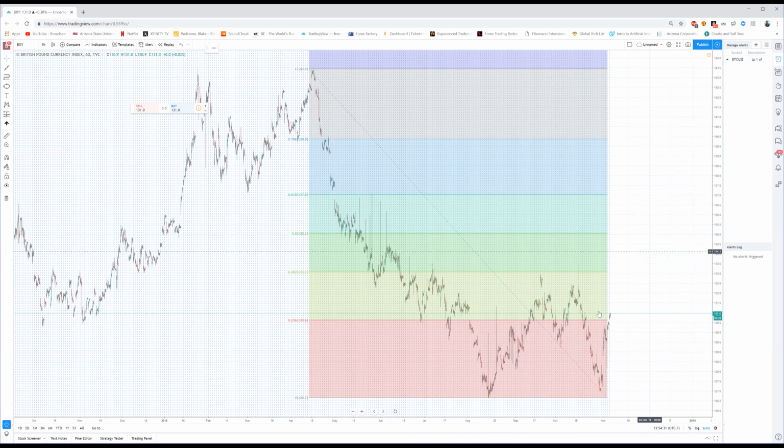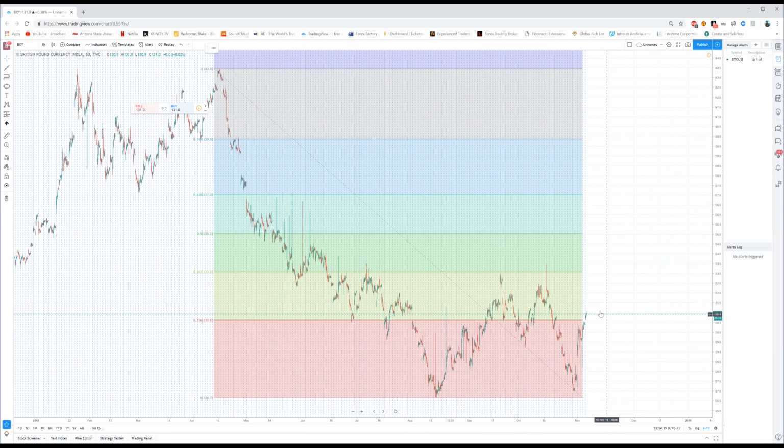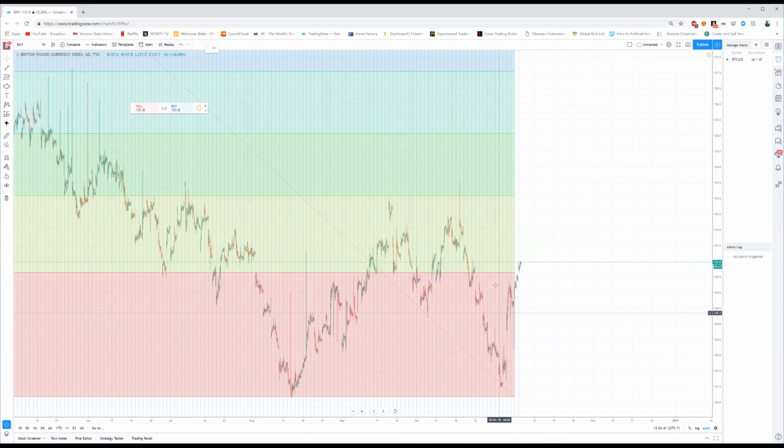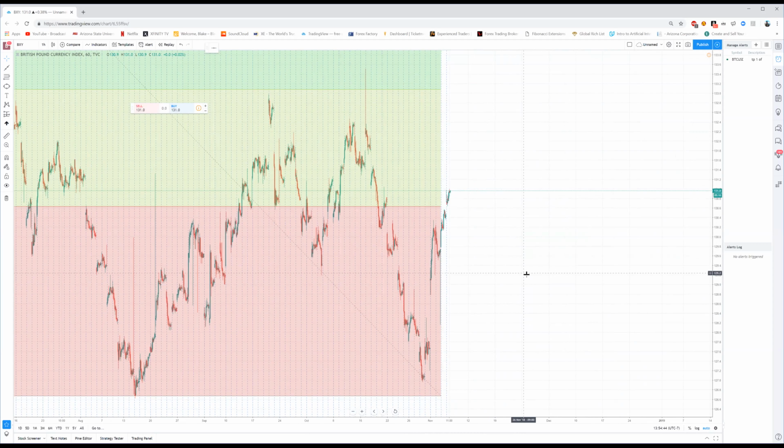What the BXY is, it's very similar to the DXY, which I'm sure a lot of you are very familiar with. Instead of the US dollar, it's just the pound. That's the main difference. The other difference that's really key as well is this one is not open all the time. It's not open with normal Forex hours.